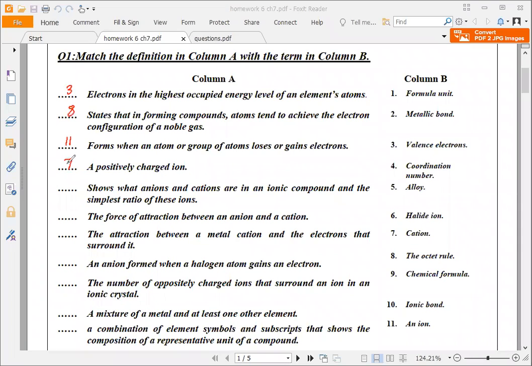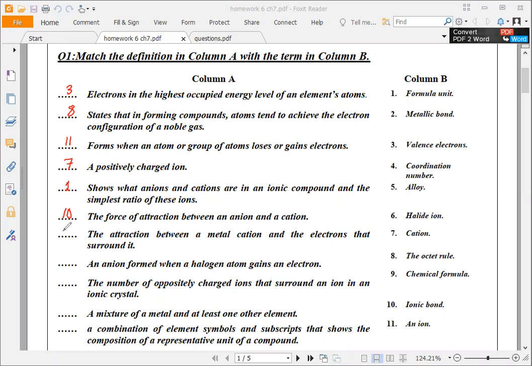Shows what anions and cations are in an ionic compound and the simplest ratio of these ions. 1, formula unit. The force of attraction between an anion and a cation. 10, ionic bond.